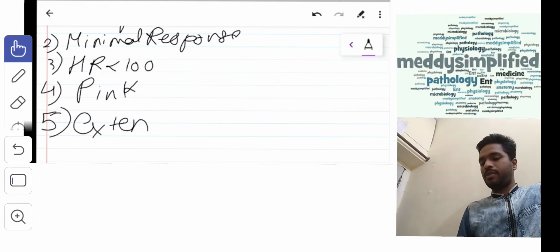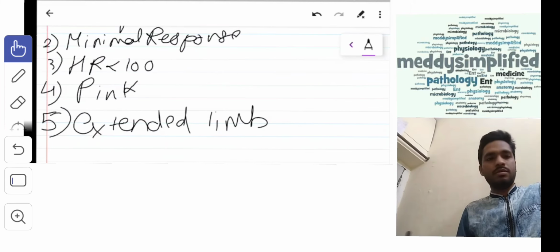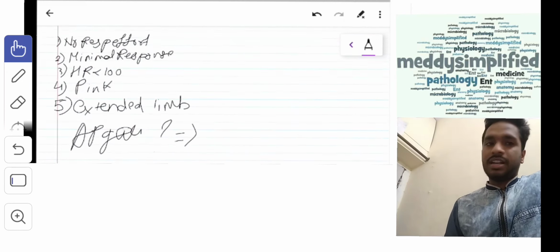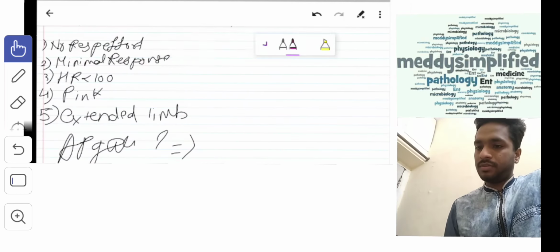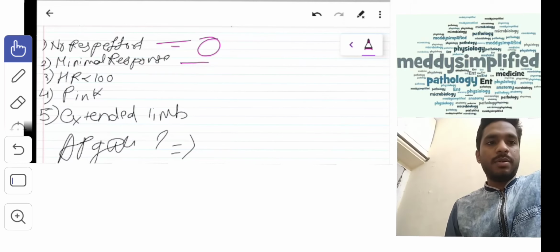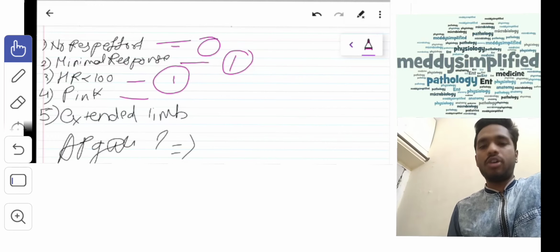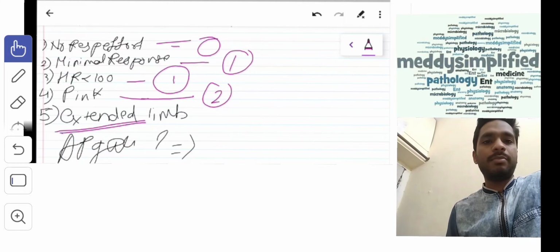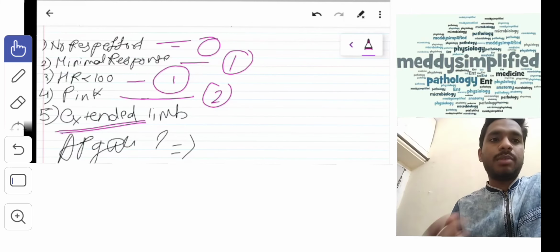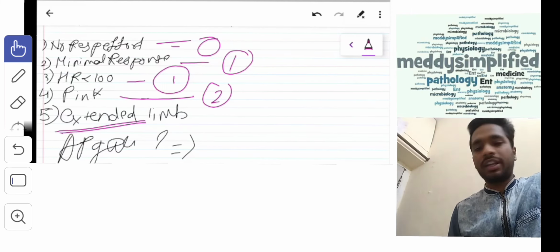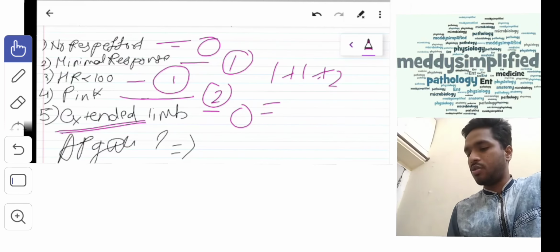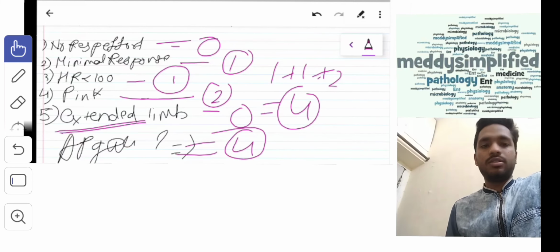We need to calculate the Apgar. No respiratory effort, we give 0. Minimal response, 1. Less than 100 heartbeat, 1. Pink body, 2. Now it's written extended limb. In activity we never consider extension, so we calculate it as no muscle tone. The total is 1 plus 1 plus 2, that is 4. So the Apgar score is 4.